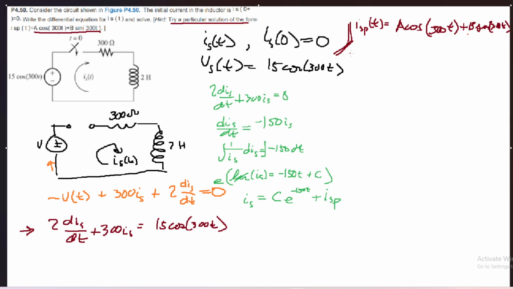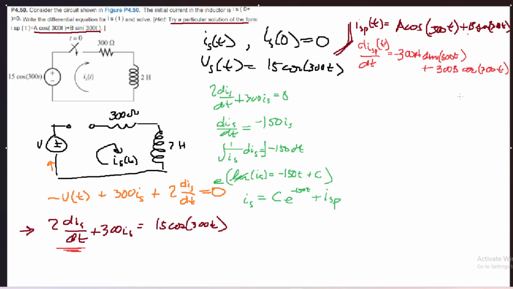So we can take the derivative of this: disp over dt is equal to the derivative of a cosine 300t, which is negative 300a sine 300t, plus 300b cosine 300t.